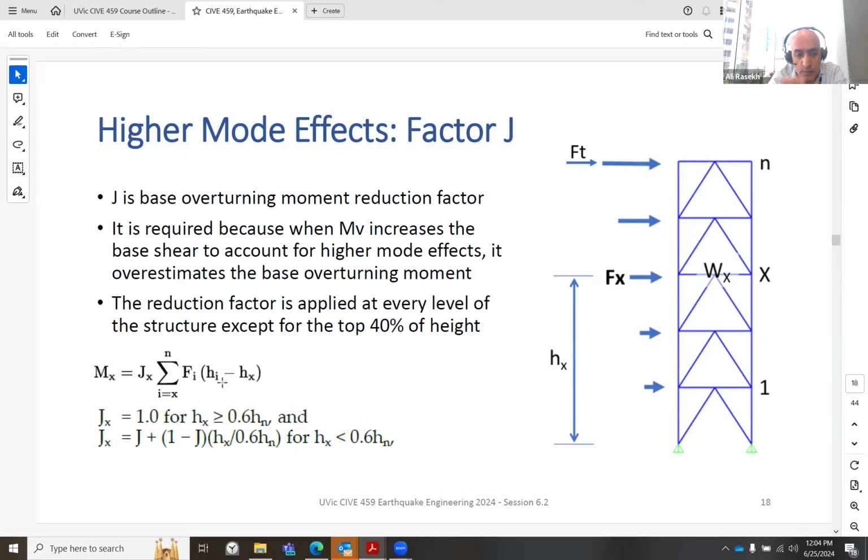But this is an overestimate, so we reduce it for the lower 60% of the height based on this equation: J plus (1 minus J) multiplied by Hx over 60% of the height. So it reaches the maximum at 60% of the height, and then you don't reduce anymore over the 60% of the height.